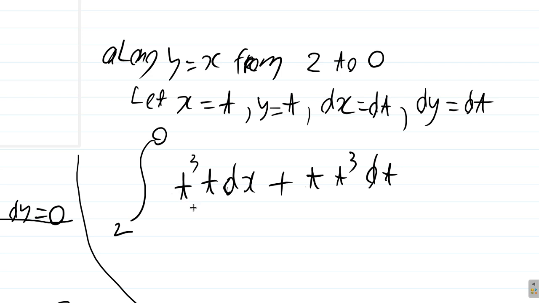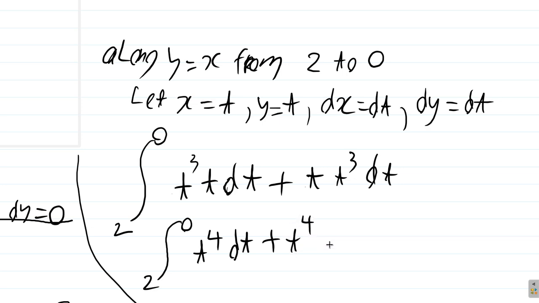Now let's put this all together. This is the integral from 2 to 0 of t by t. T cubed by t is t to the 4th. Oh my, I still have dx here. It should be dt. dx is dt. So t to the 4 dt plus t times t cubed is t to the 4 dt.